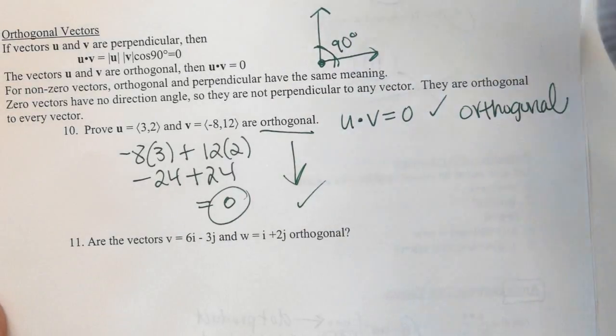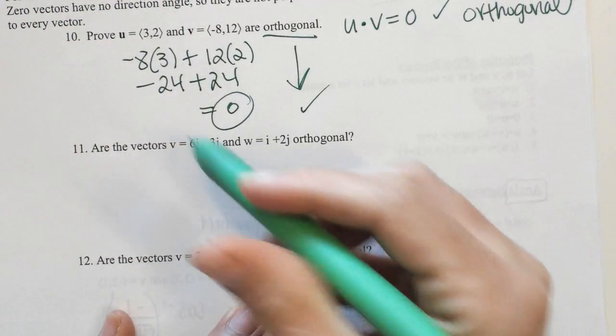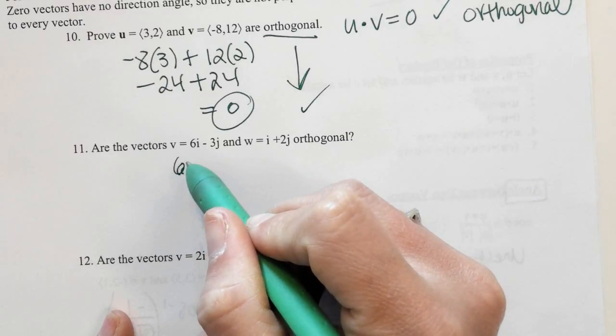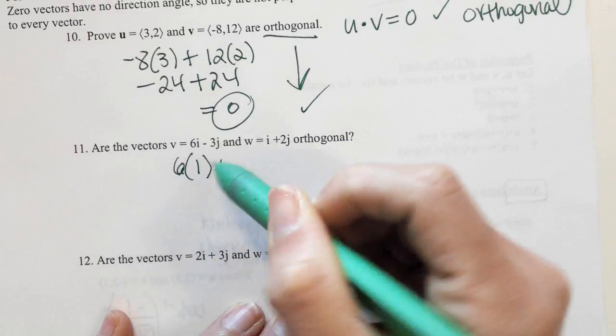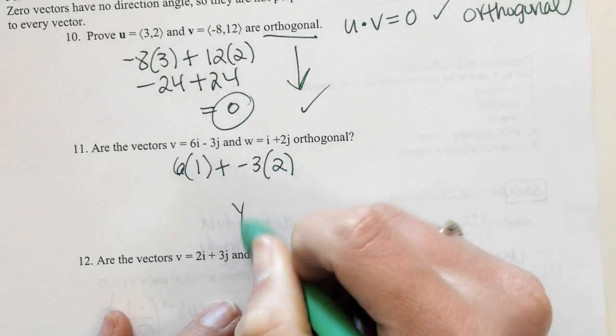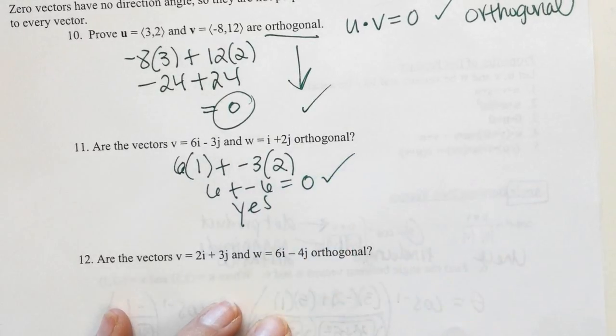Alright, same thing for this next one. How do I find the dot product of these two vectors? 6 times 1 plus negative 6. So are these orthogonal? Yes, because 6 plus negative 6 is 0. Go ahead and do 12 on your own.